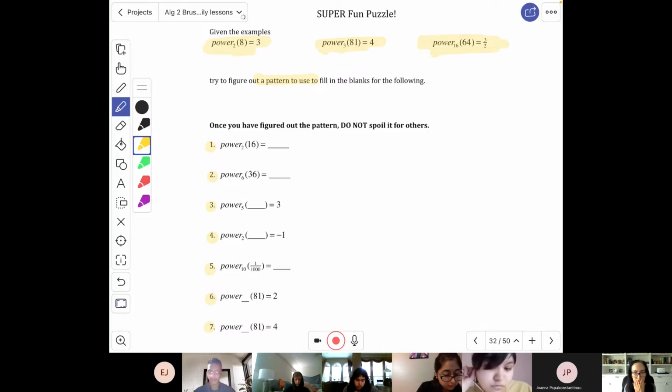If you think you have figured out the pattern from the 3 examples given, tell me what the answers should be down below. If you think you got it, tell me one of the answers. You can tell me whichever one.